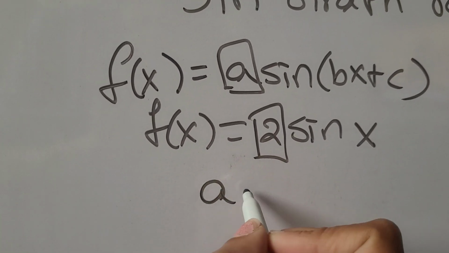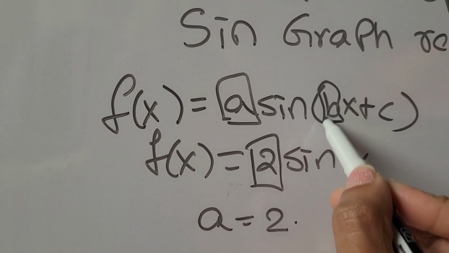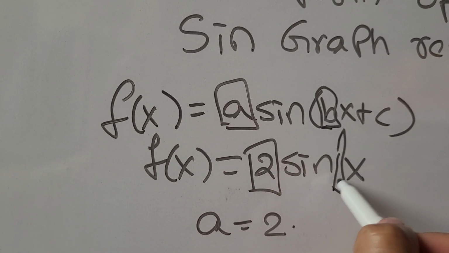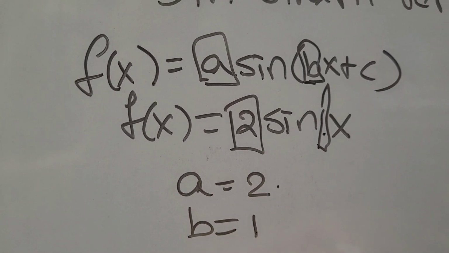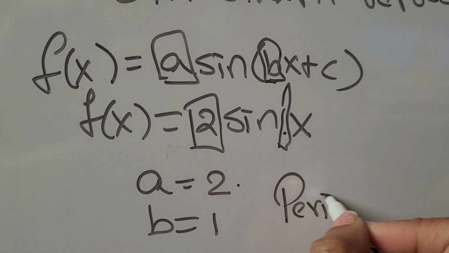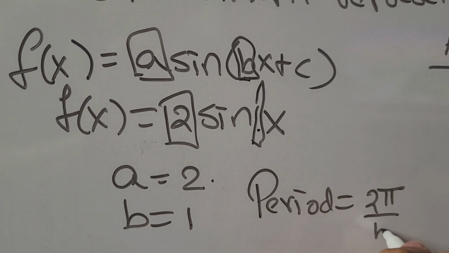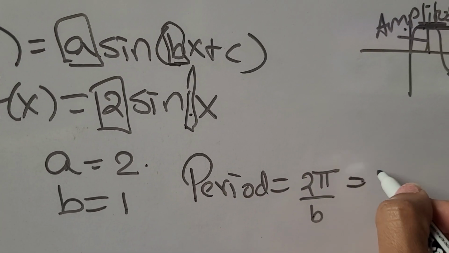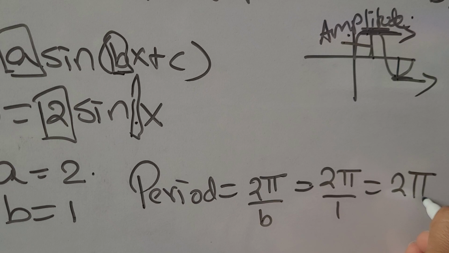Hence the amplitude is 2, and for b, the coefficient of x, I have 1. The formula for finding the period of the graph is 2 pi by b, which is 2 pi by 1, which is 2 pi.